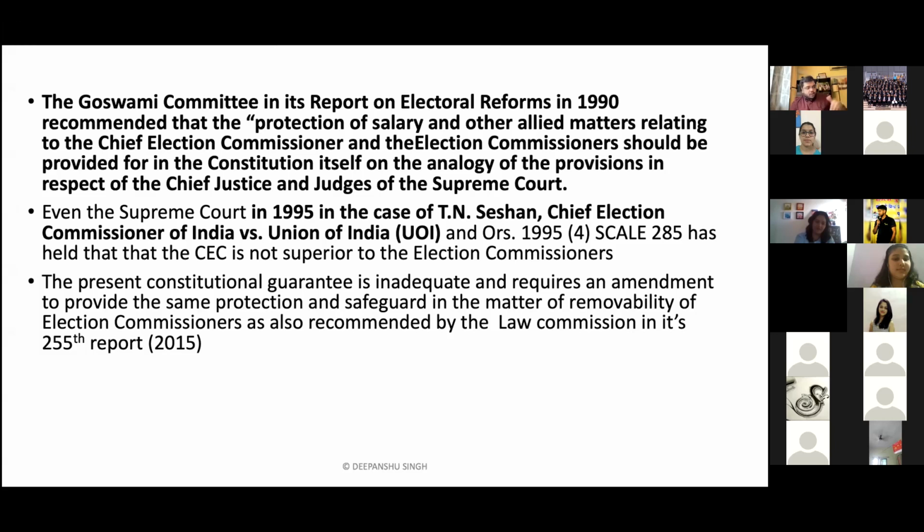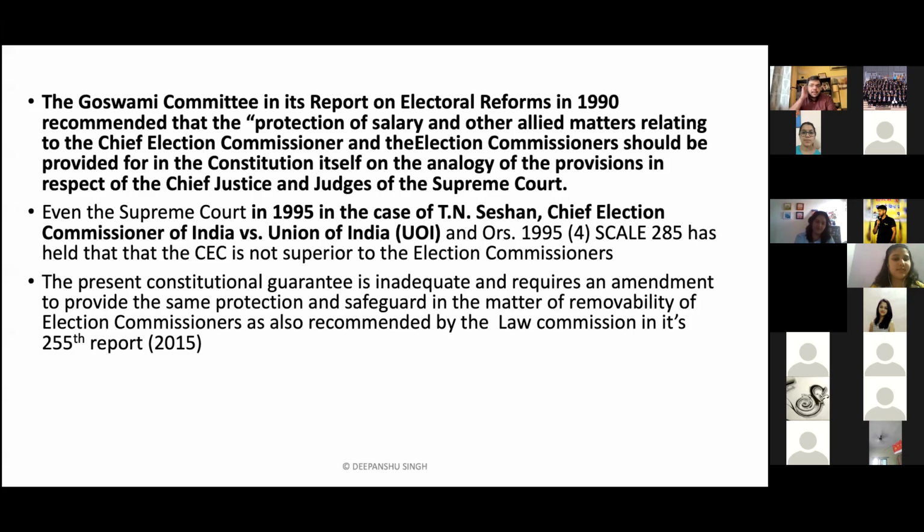Whatever they decide will be on the basis of voting. Their perks and privileges are everything the same. It's only when you talk about the removal or the independence of office that the office is different for the chief election commissioner and the other two election commissioners. This is something that has been a bone of contention for a very long time.